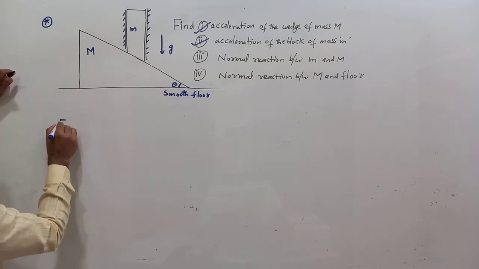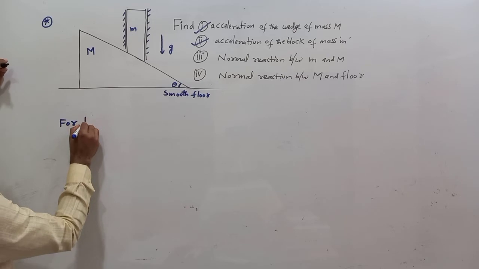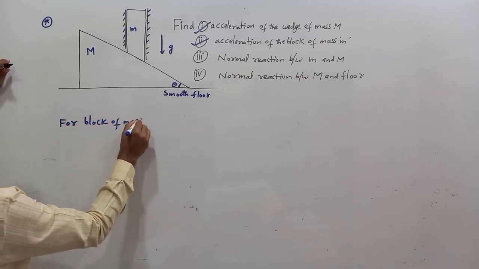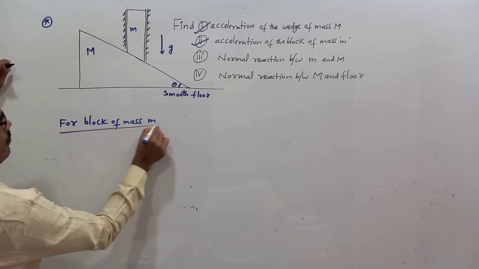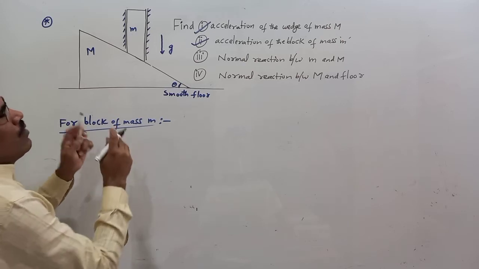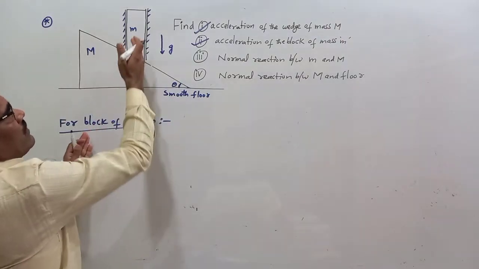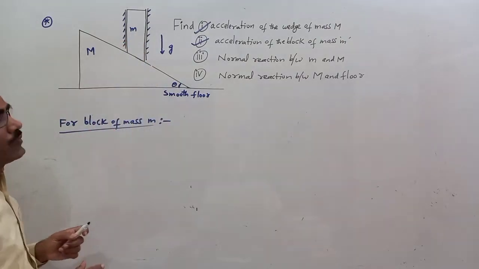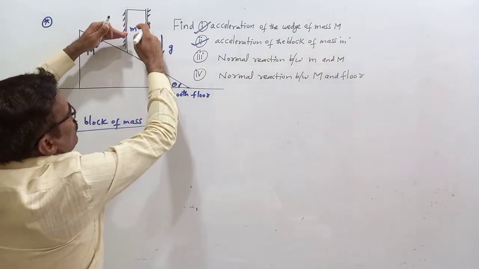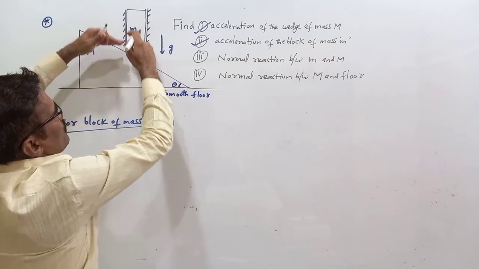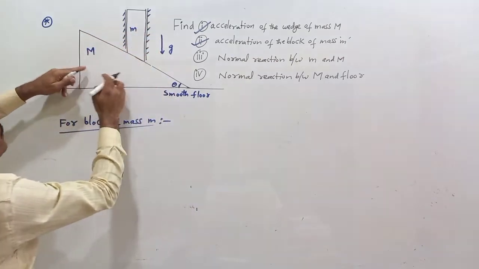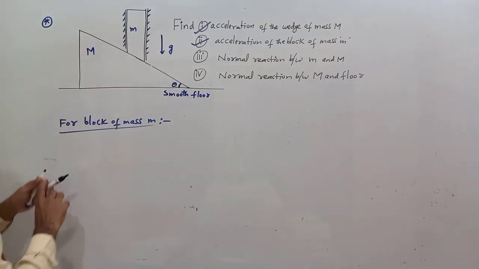First, for the block of mass small m, the free body diagram, or first we want the relationship between the acceleration of this one and this. So here it is simple: the small m moves down, the only possibility is that it moves down. If it moves down, then capital M moves horizontally.